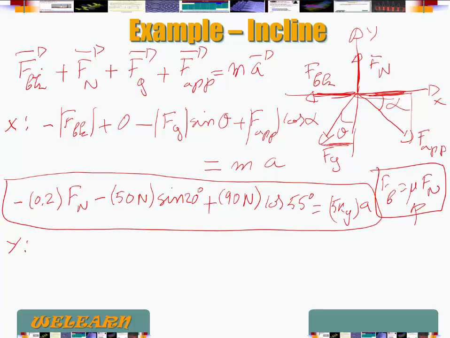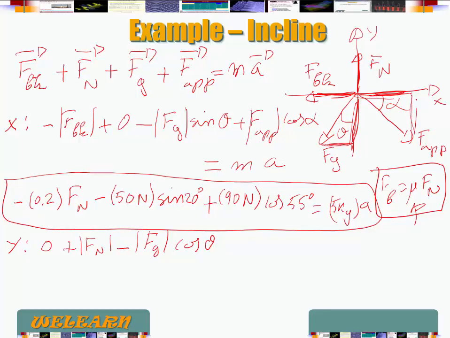The equation along the y: the friction is going to have no component. The normal force is going to be the magnitude of the normal force. Fg is going to be negative, but it's going to be this component, so minus Fg cosine of theta.